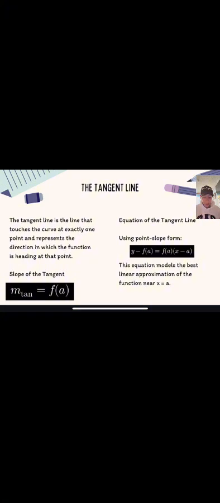The equation of a tangent line: y minus f(a) equals f prime of a times (x minus a). L of x equals f(a) plus f prime of a times (x minus a) is the best linear approximation of a function near x equal a.